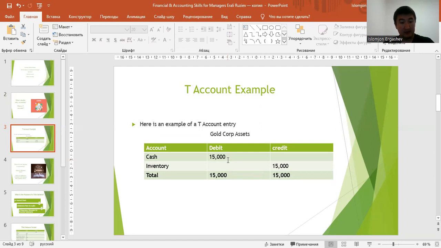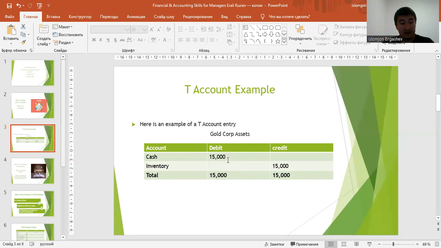So this means the debit account is seeing a $15,000 increase in cash, while the value of its inventory on the credit side has been reduced by that same amount. To fully understand this diagram, consider that debits increase asset accounts, for example, while credits decrease them.